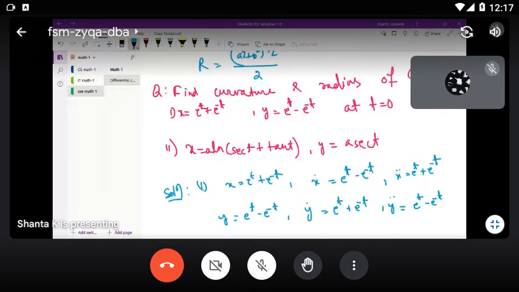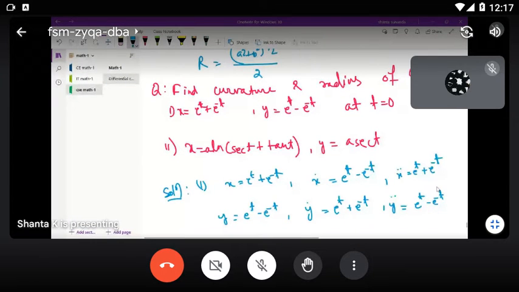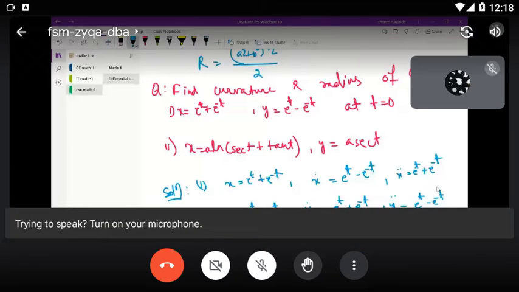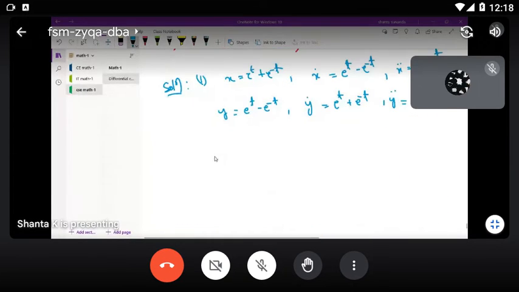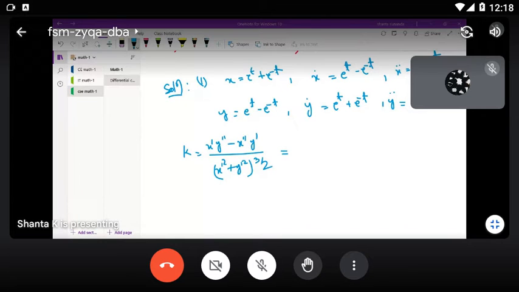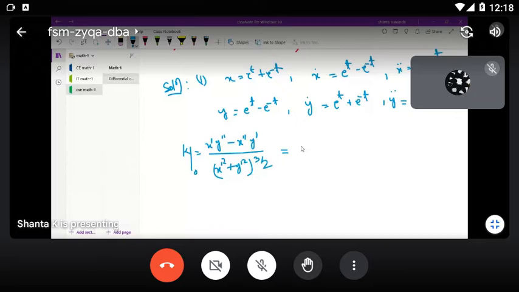In question 2, we have to find it at t equals 0 only. So you have to do the calculation.